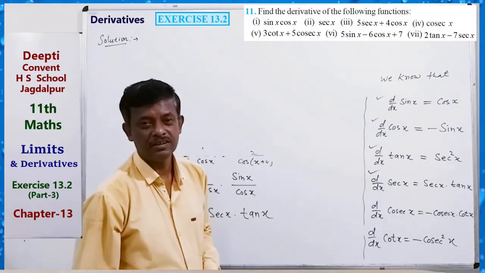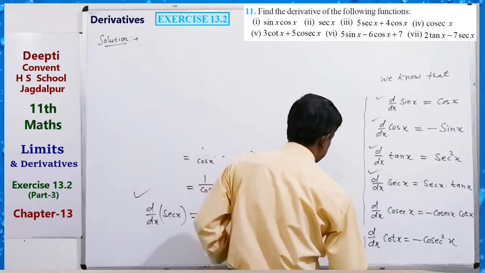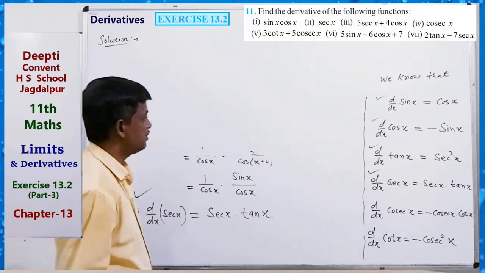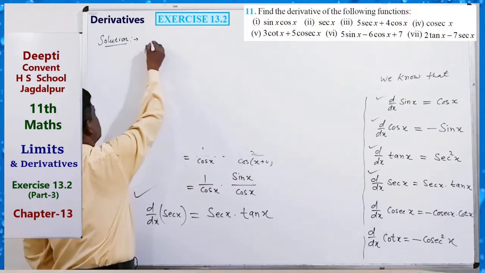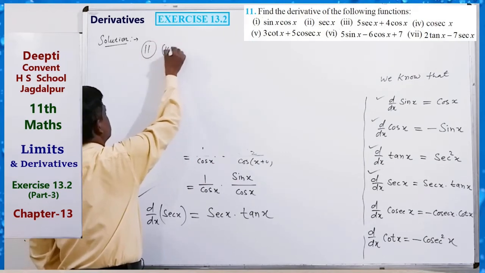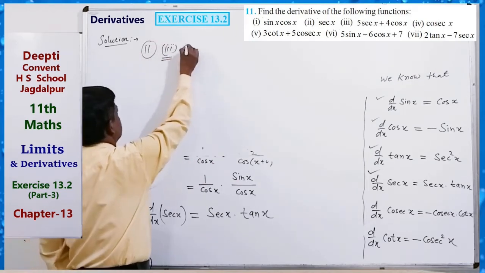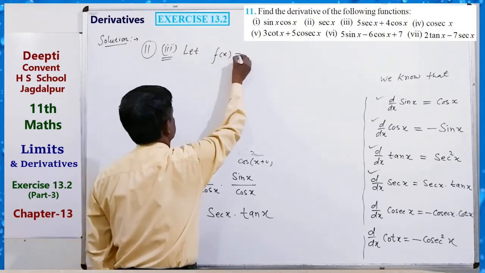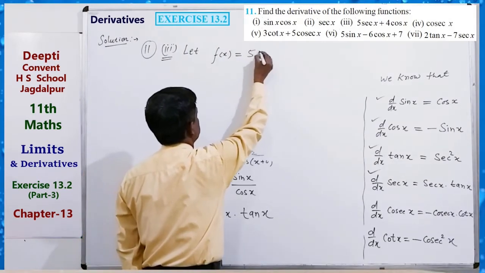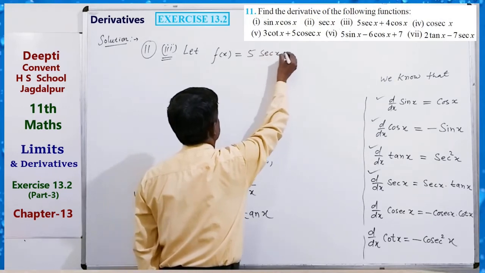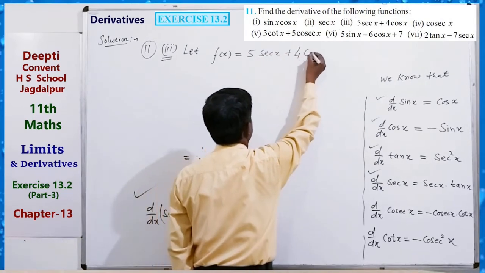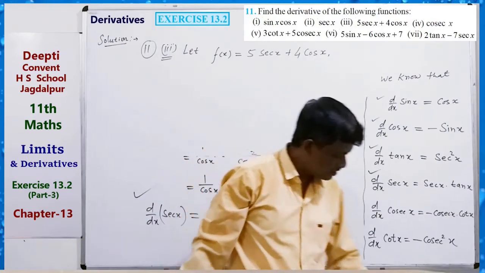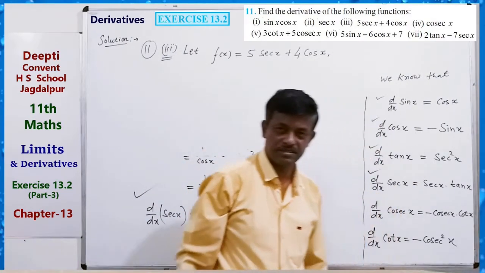It will be based on your question length. Okay. So here question 11 third. Let fx equals to, what is given? 5 sec x plus 4 cos x.